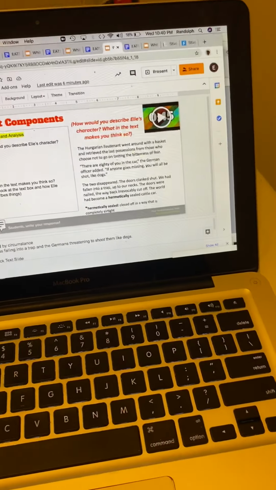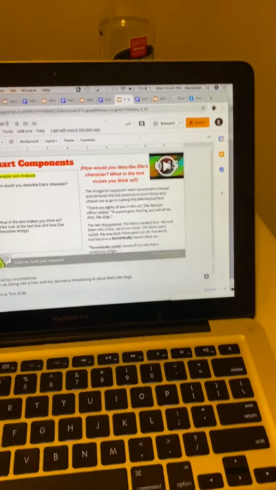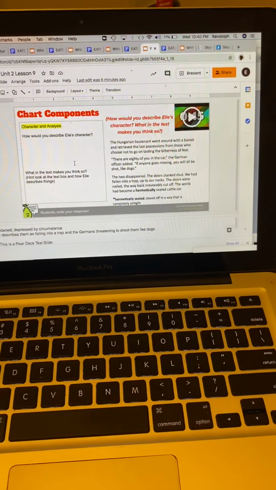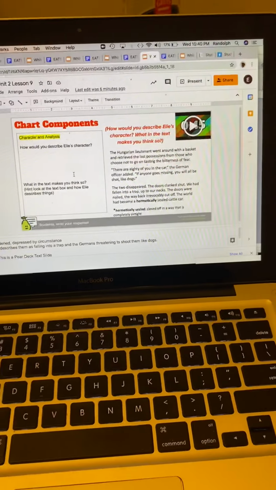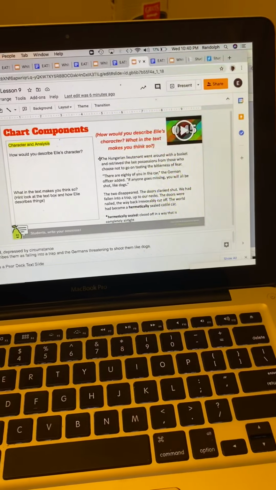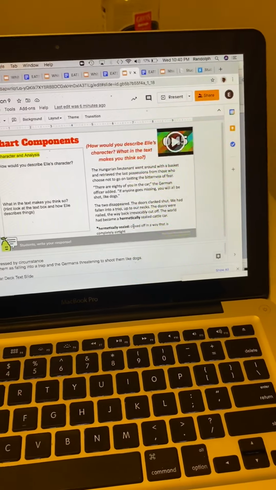And next we're going to do our character analysis. So how would you describe Ellie's character? And then what in the text makes you think so? So here's an example of the part of the text that really gives you an idea of Ellie's character.